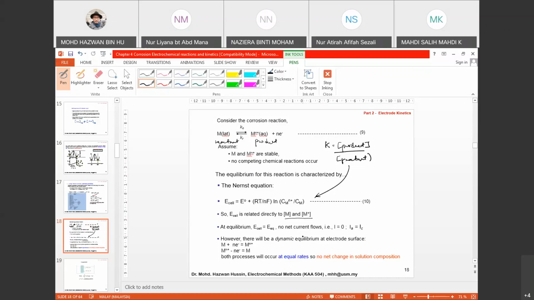At equilibrium, there is no net current flow, so the anodic current is equal to the cathodic current. However, there is a dynamic equilibrium at the electrode surface, where both processes occur at an equal rate, so there is no net change in the solution composition.